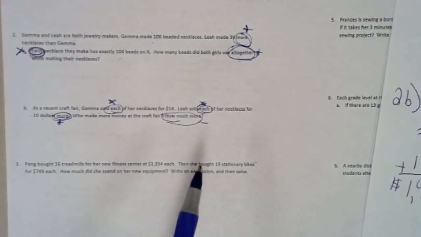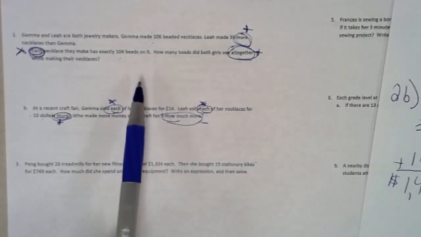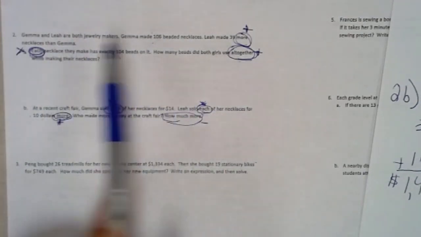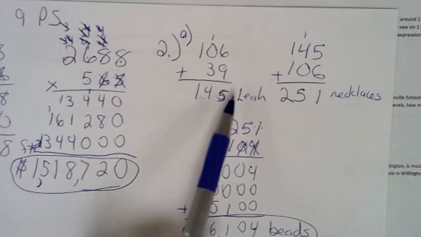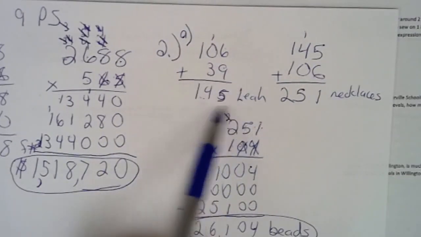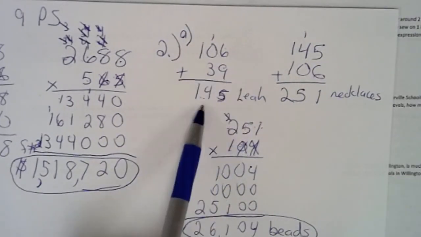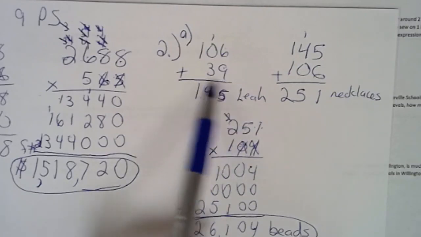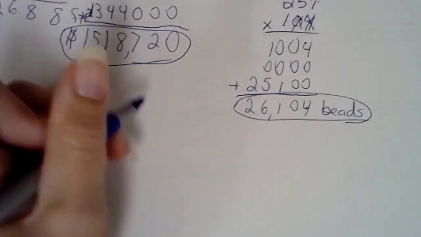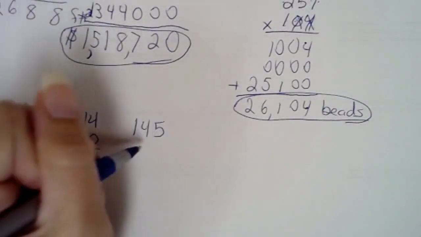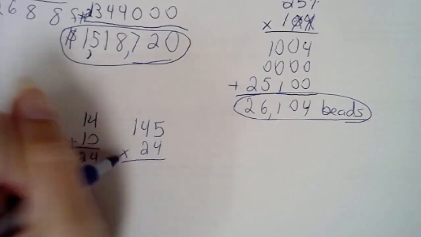If we go back to our previous problem, because up here it didn't tell us how many necklaces Leah made, but here when we worked out 2A, we learned that Leah made 145 necklaces. So she sold all 145 necklaces for $24 each.